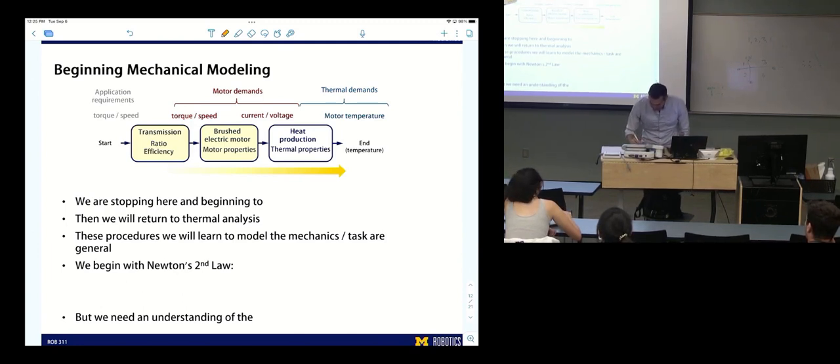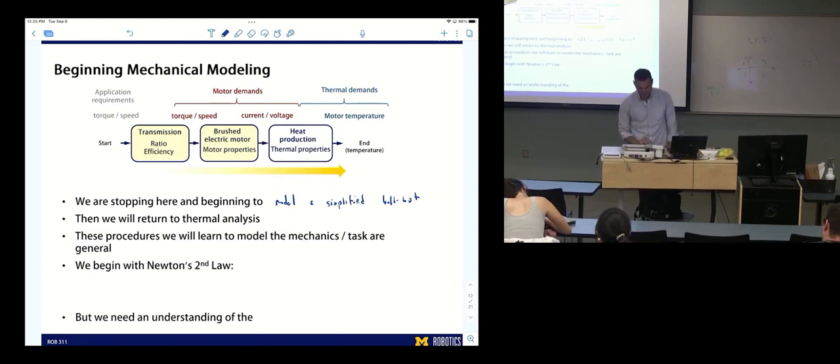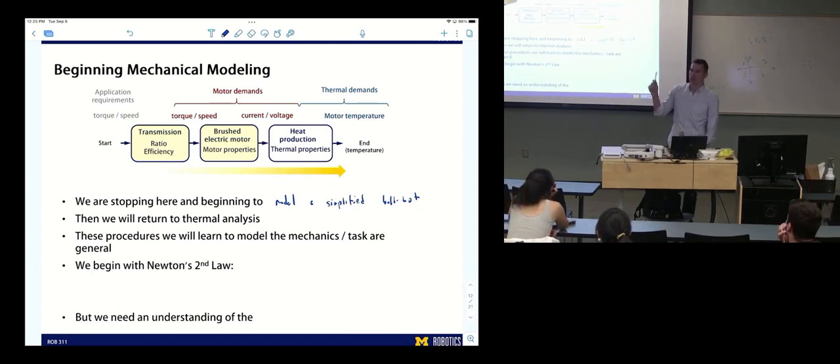We're going to begin to model a simplified ballbot. Then we'll return to thermal analysis. And again, these procedures are general, so think of this as a framework that you can apply in any project going forwards.